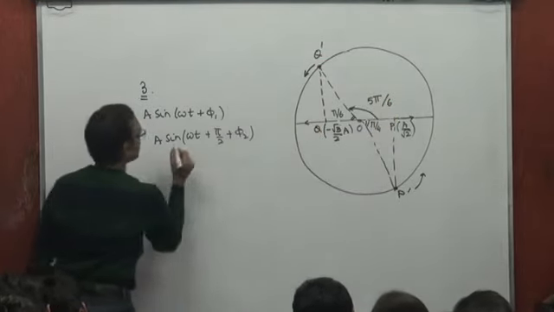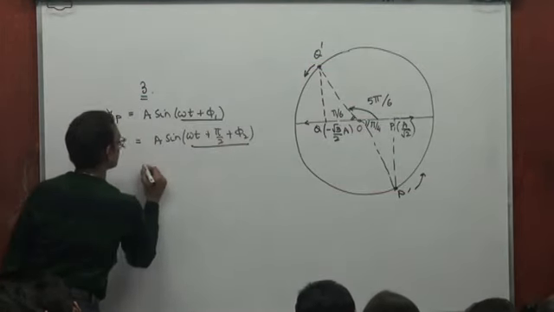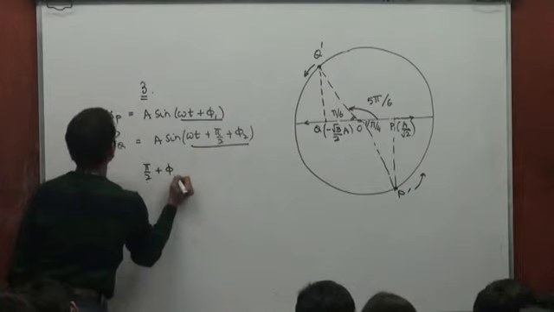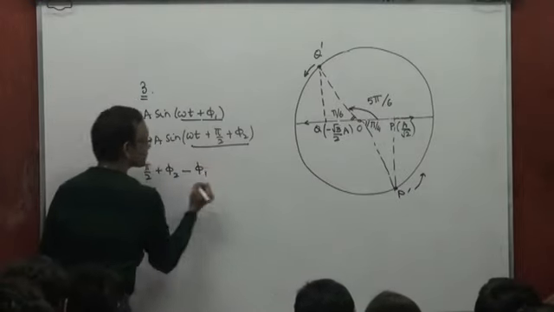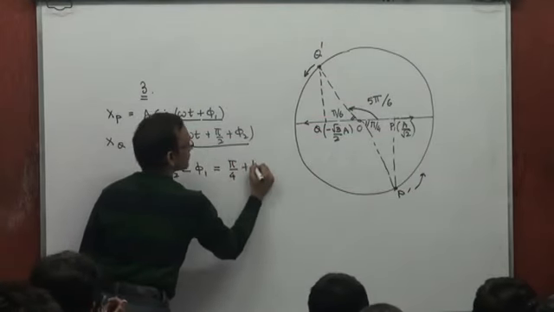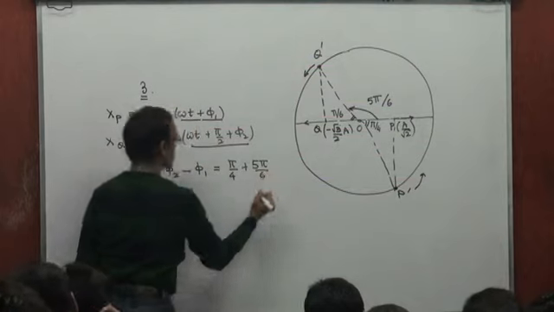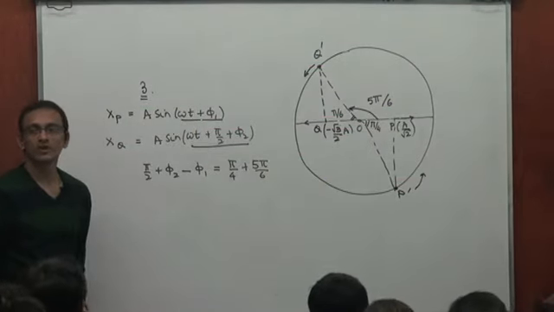Right? So then, the phase of Q, which is pi by 2 plus phi 2, minus phase of P, which is phi 1, is equal to pi by 4 plus 5 pi by 6. Yes or no?